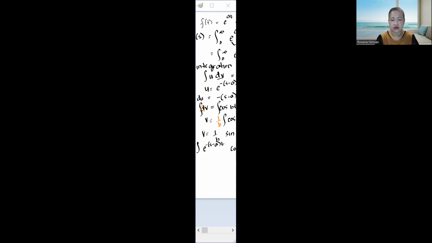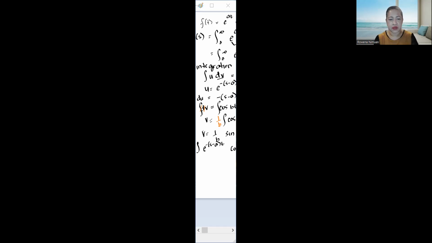What remains is s minus a over s minus a squared plus b squared, which is the integral of this function.